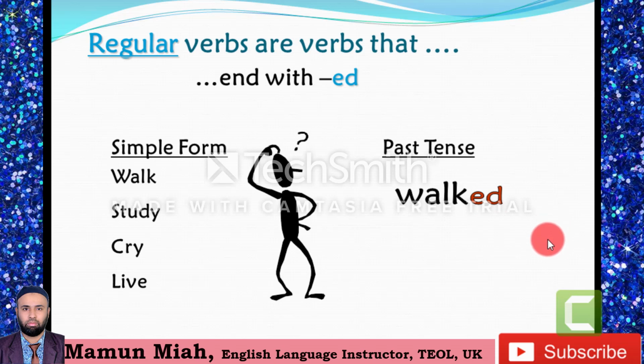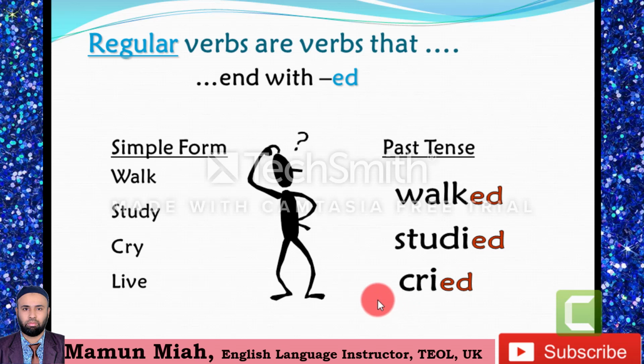The following examples are the same. Study, studied. Cry, cried. Here is a very important matter. Look, my dear students, here was cry, but here also cry, the same pronunciation.